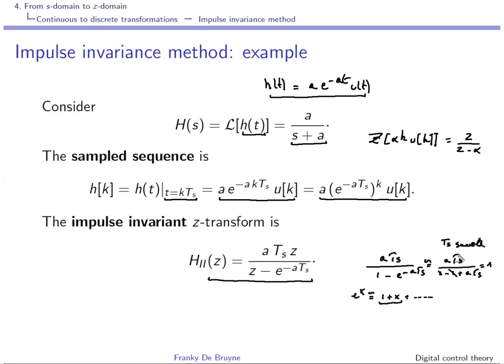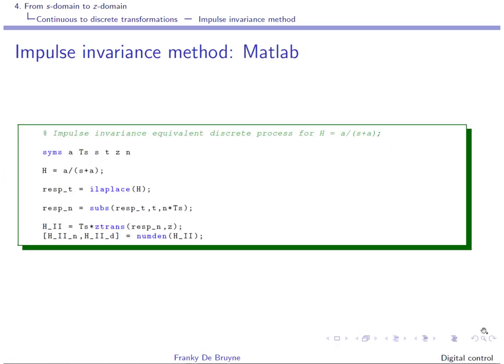Okay, so you can see here that the static gain is not 1 in general, but that it will tend to 1 if Ts tends to 0. The calculations that we have just done, you can do them in Matlab using the symbolic toolbox. So this means that all those variables are symbolic.